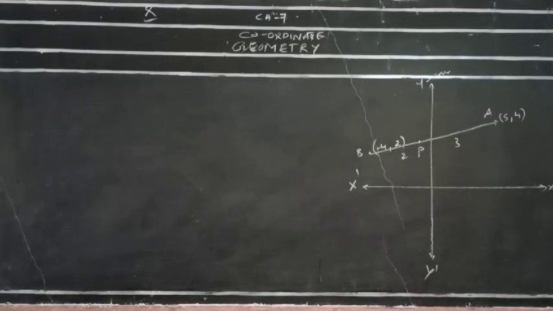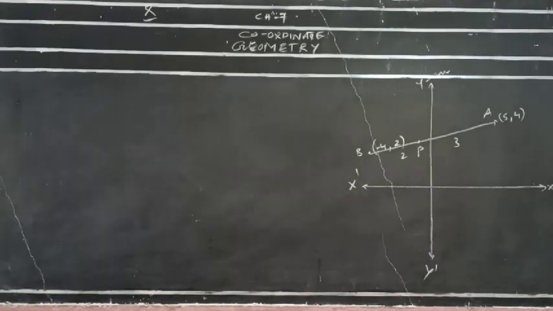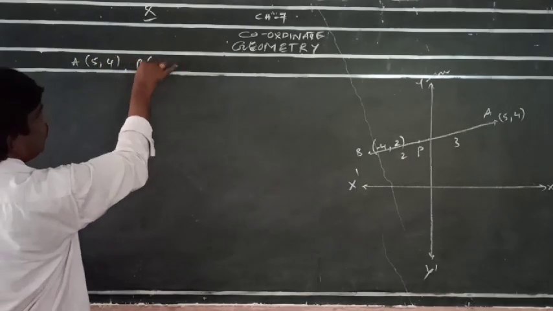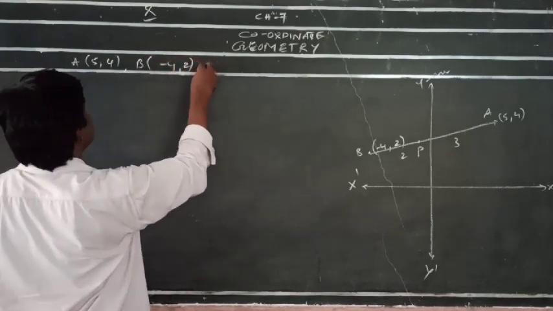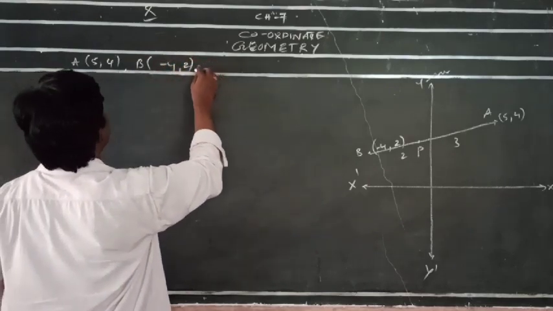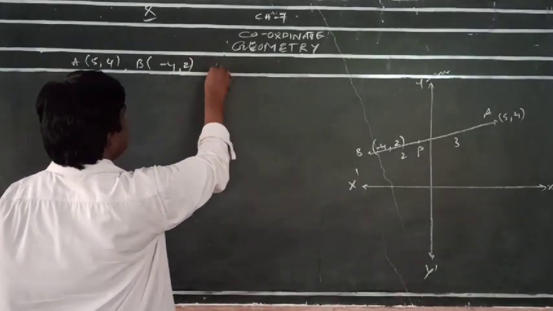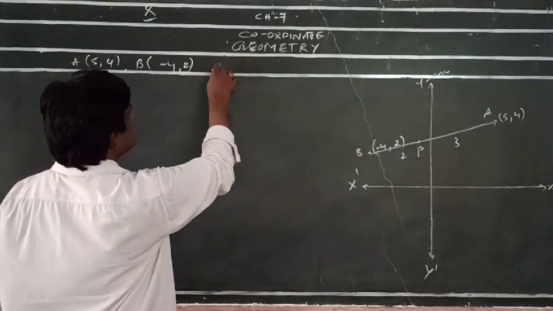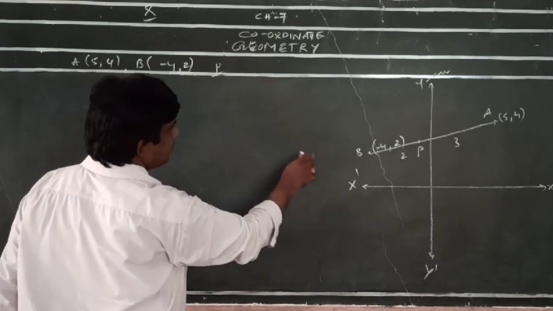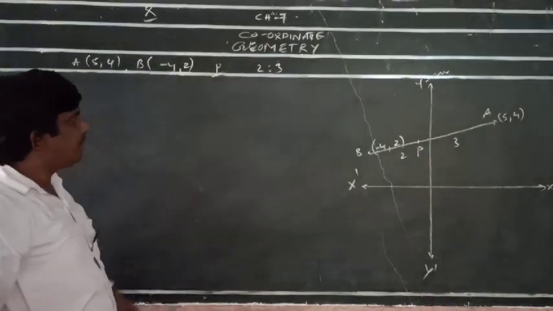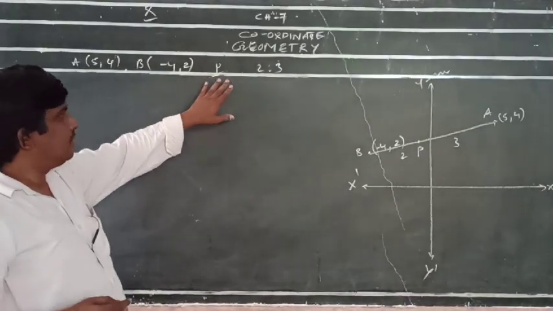Let us take one example. There are 2 points, A ordered pair (5, 4) and B ordered pair (-4, 2). This line segment has some distance and there exists a point P dividing it; we don't know this point P. It is dividing the line segment internally in the ratio of 2:3.